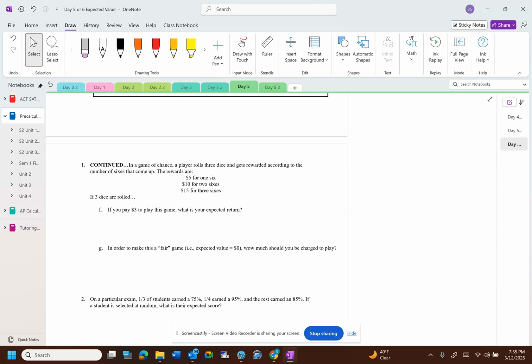If it costs us $3 to play, we'd take $2.50 and subtract the $3 it cost us to play, and we would get negative $0.50, 50 cents.